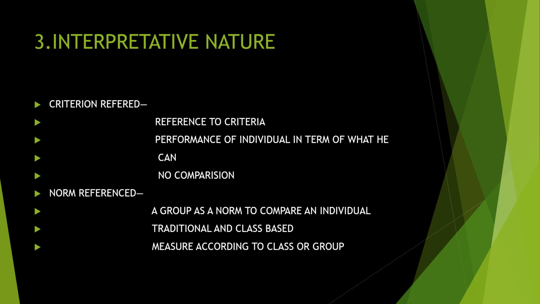And norm referenced, okay, under interpretative nature, norm referenced is there. In norm referenced, the individual is compared to a group as a norm. Example, our NTA exam. If 9 lakh students are writing, by comparing the 9 lakhs, those who reached the topmost 6%.